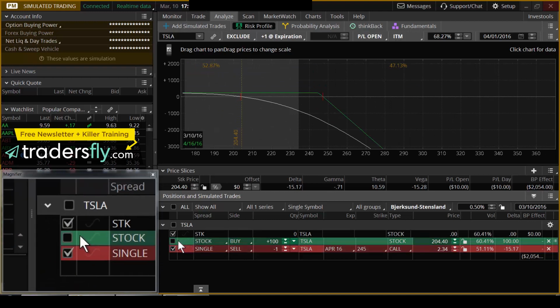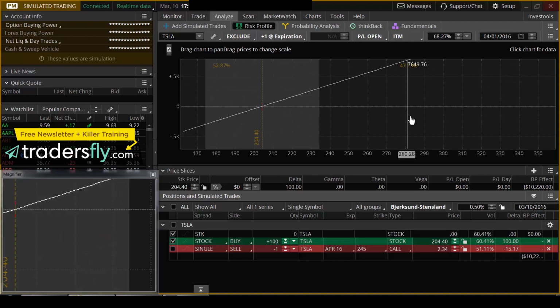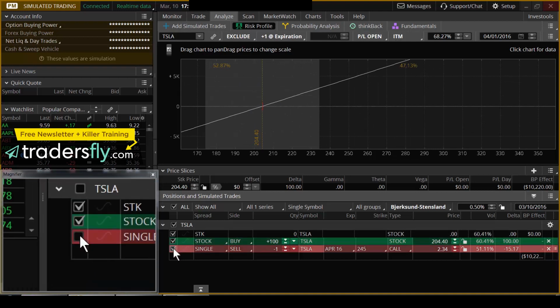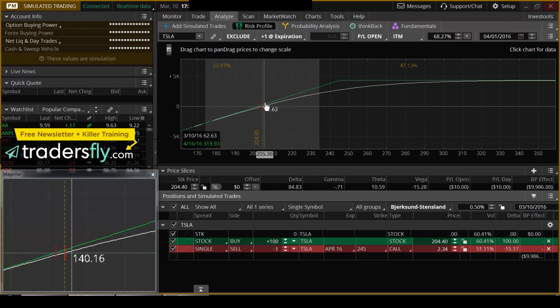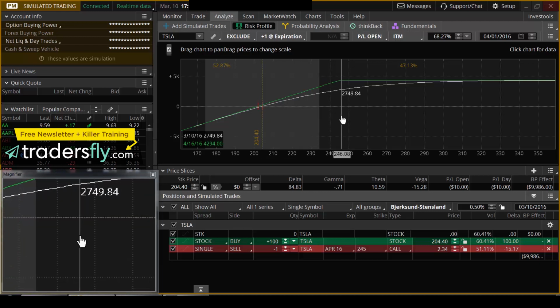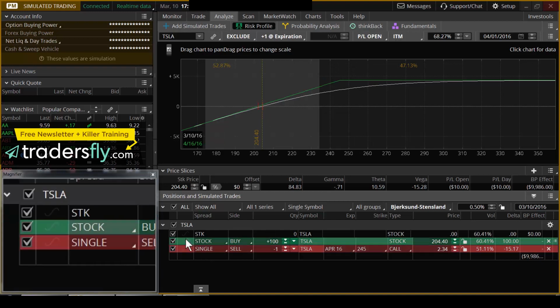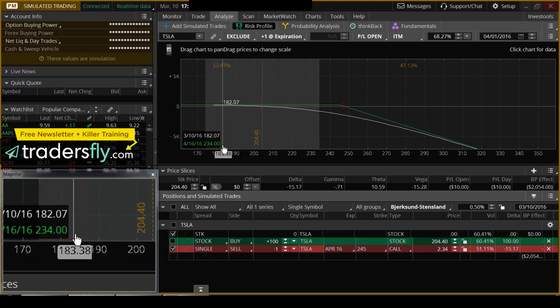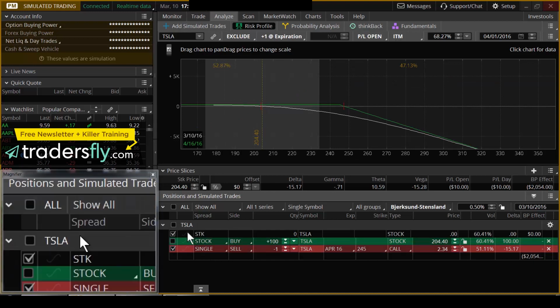But if you already own the stock, let's say you bought the stock right now and you decide, hey, I want to sell the calls right there. So I sell the calls. Now if that stock gets to 245, I'm out of my stock, but I already have my stock. I bought my stock at 204. So if the stock gets to 260, I would, number one, collect my $234 right here of premium because I sold this contract.